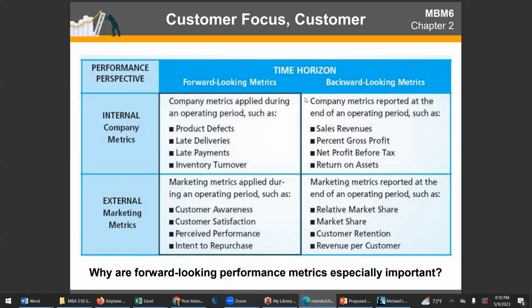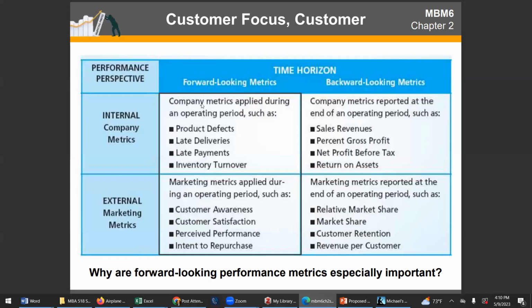So we need metrics that not only measure our internal performance, they measure our external performance, they measure our performance looking backward in time, and they measure our anticipated performance looking forward in time.